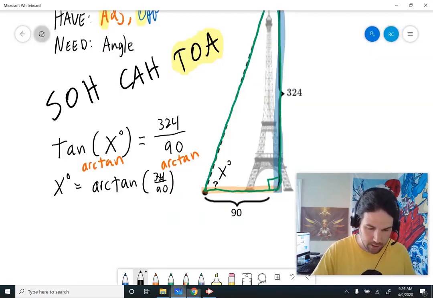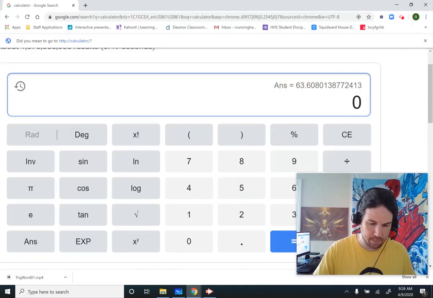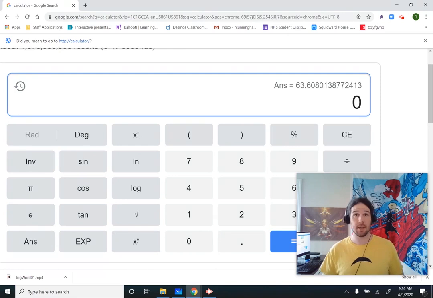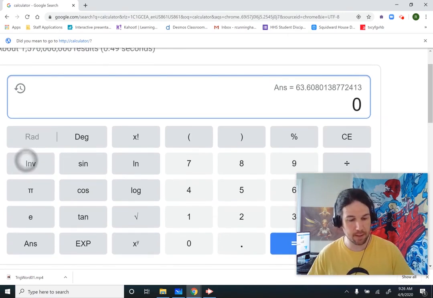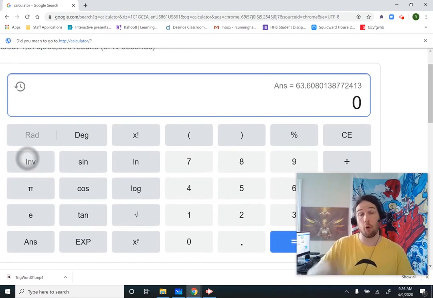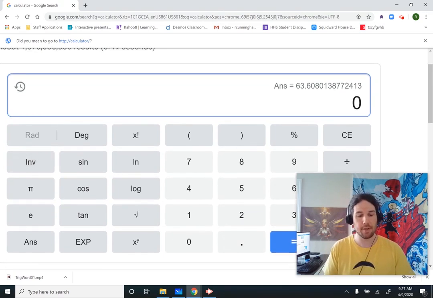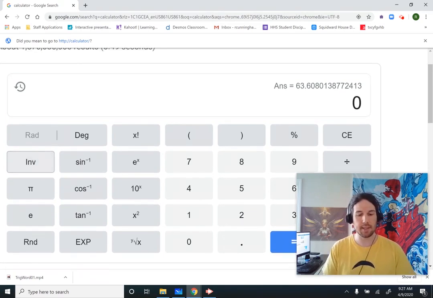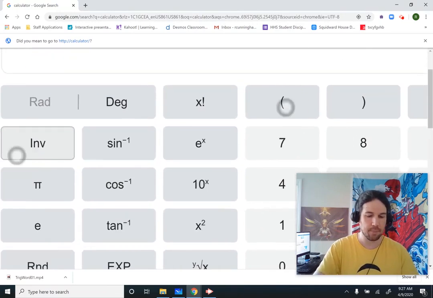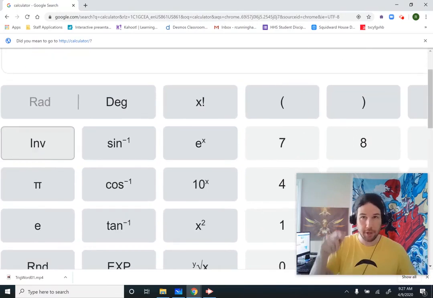Okay, so let's see. It was arctangent of 324 over 90. So to find arctangent, you hit this inverse button, or on a normal calculator, it'll probably be a second button or a shift button. And when I do that, you'll notice that sine, cosine, and tangent have turned into sine -1, cosine -1, and tangent -1.